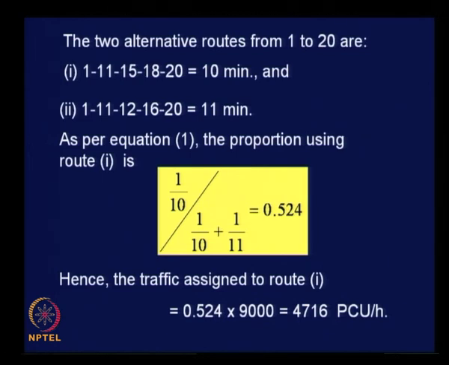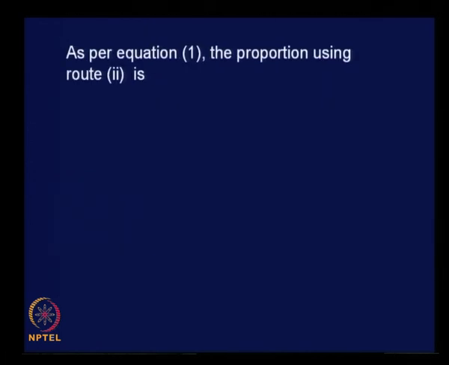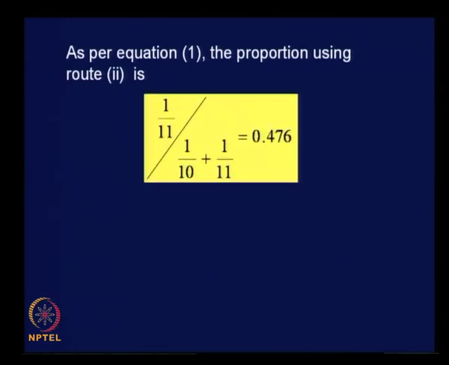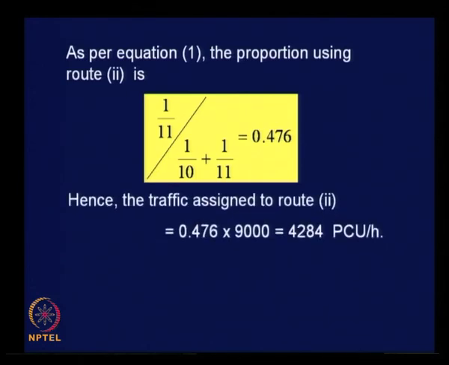That is the traffic volume assigned to route 1 with travel time of 10 minutes. And as per the same equation, the proportion using route 2 will be 1 by 11 divided by 1 by 10 plus 1 by 11, that is equal to 0.476, and the actual traffic volume is going to be 0.476 into 9000, that works out to 4284 PCU per hour.